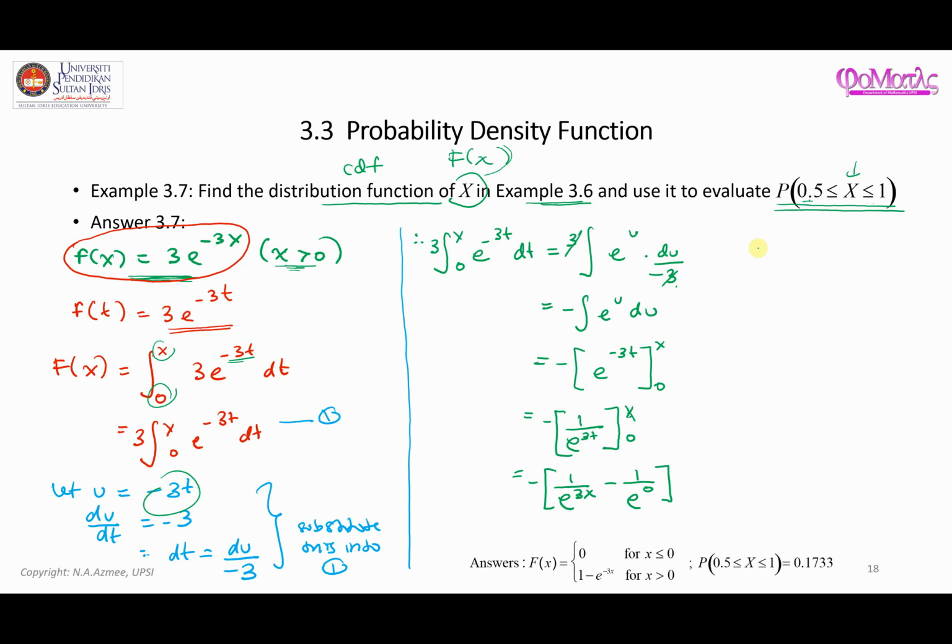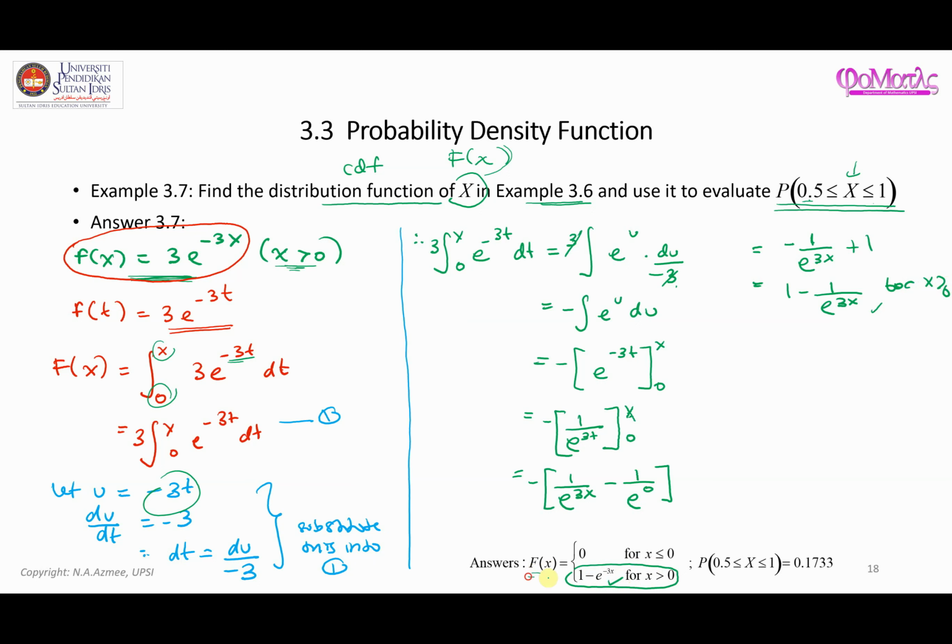The answer here is going to be negative 1 over e^(3x) plus 1, or we can write it as 1 minus 1 over e^(3x). This is the answer for x greater than 0. Either looking like this or like this, it doesn't matter.